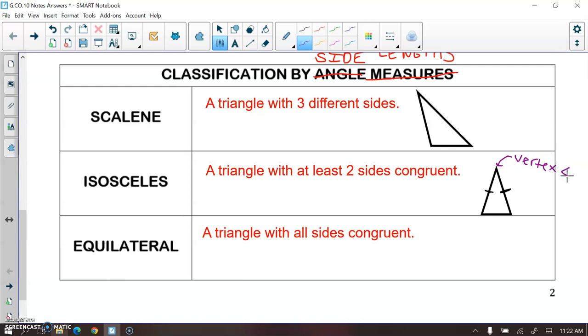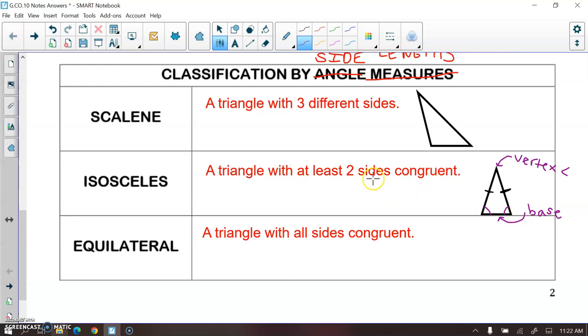And the side that is not congruent to the other two sides is called your base. And what's cool about isosceles triangles is that the base angles are congruent, which is something that we will be proving in this notes packet.